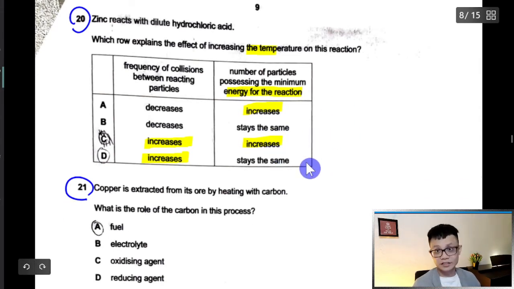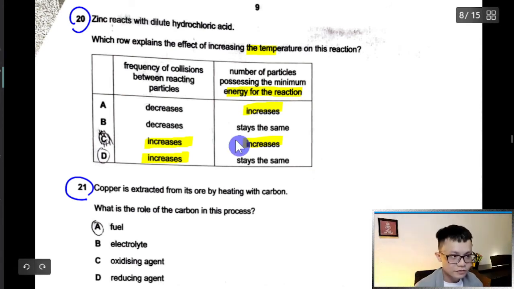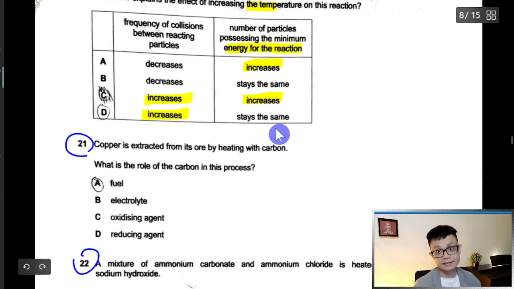It can only be changed from one state to another. So when we heat it up, there is an increase of energy in the particle itself, and then as it cools down, it will release its energy to the surroundings and maybe vibrate the air, whatever, and go somewhere else. So it will be increase. The answer should be C. It cannot stay the same, due to the vibration and so on.